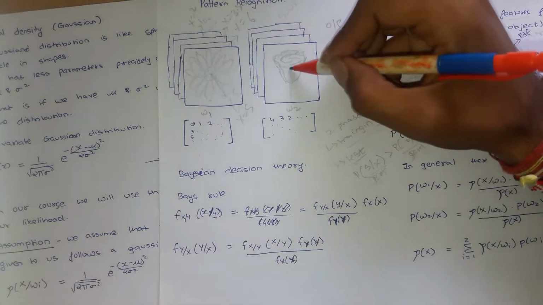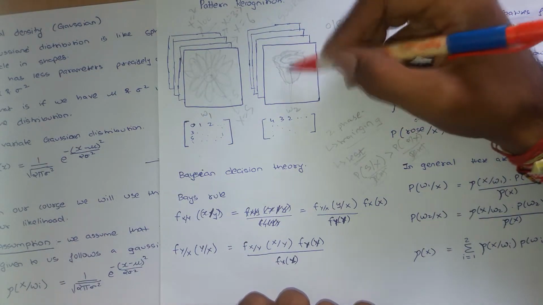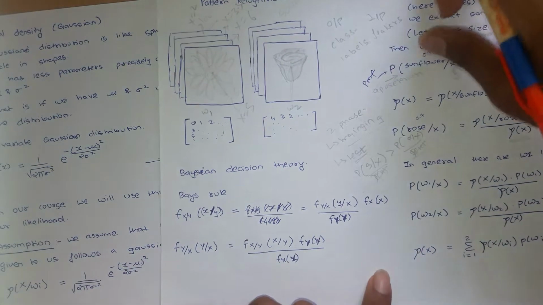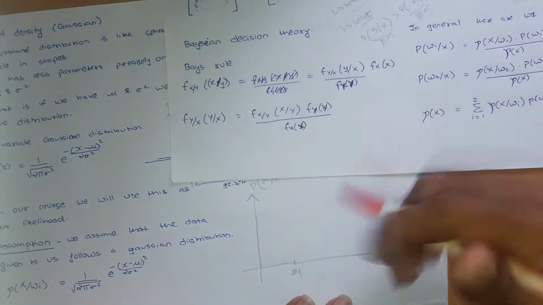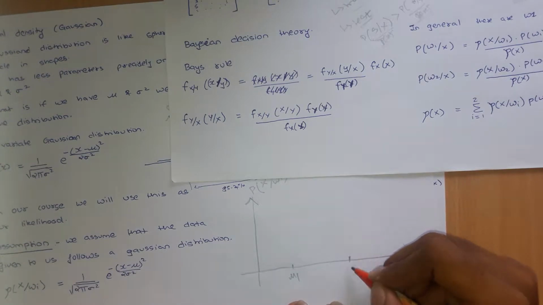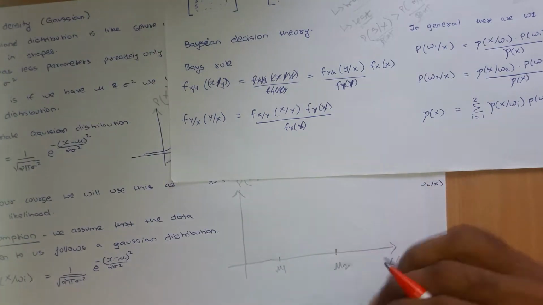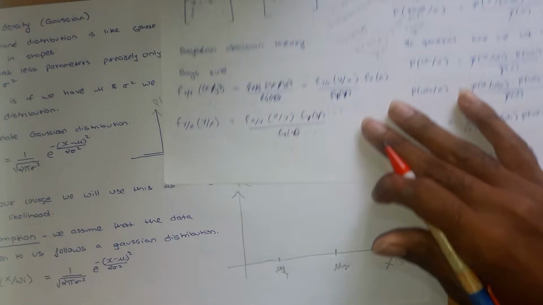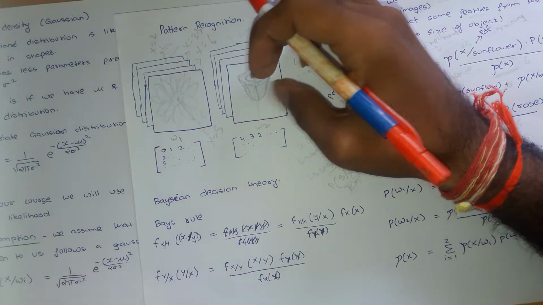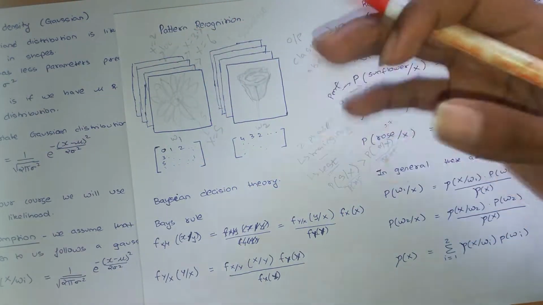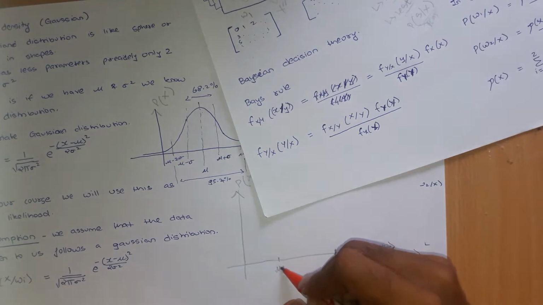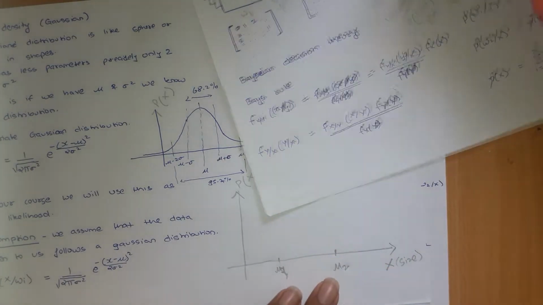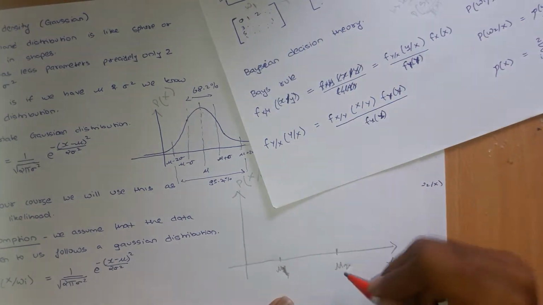Similarly, we calculated the mean of all the sizes of the roses that we have, and we got mu2. Sunflower will normally be bigger, so mu1 will be quite a bit bigger. Intuitively roses are smaller than sunflowers; that is just an assumption. So mu2 comes over here, and mu1 comes over here.